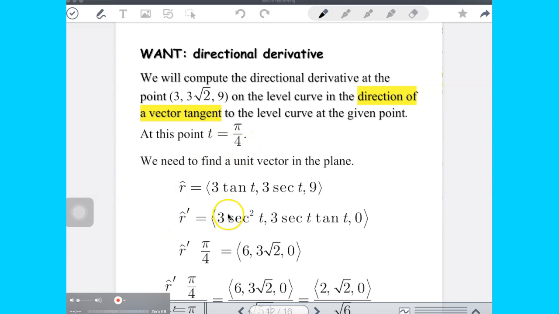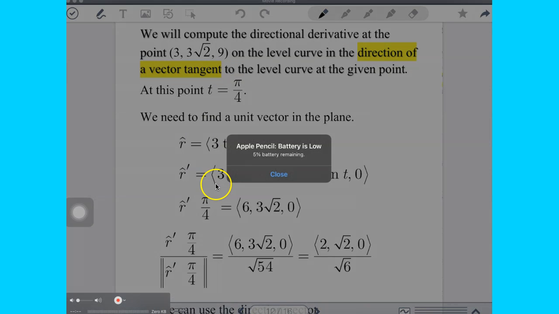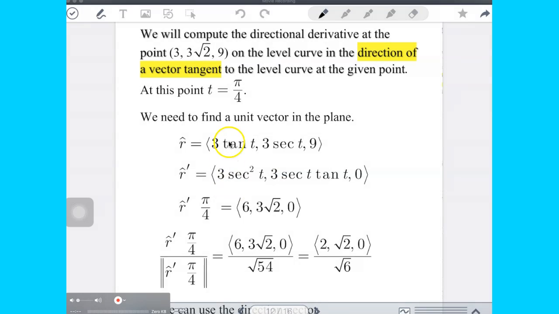Next we want to compute the tangent vector, because that is the direction that we want to follow. So we differentiate. Tangent t will give you secant squared, and secant t tangent t, and this one is 0. Then you substitute the point t equal to pi over 4. So this is the r prime.